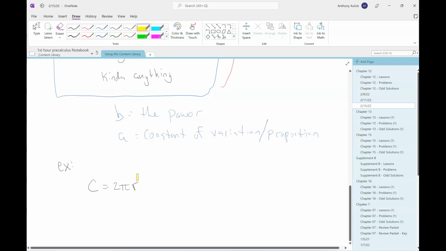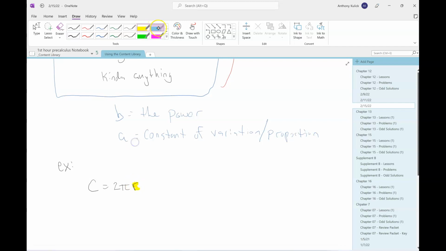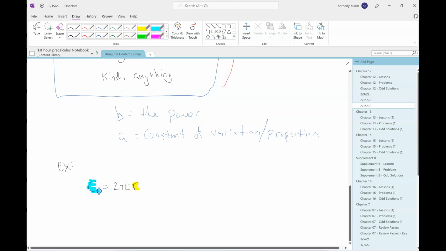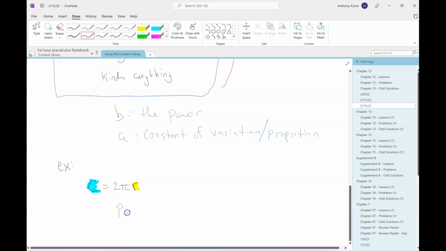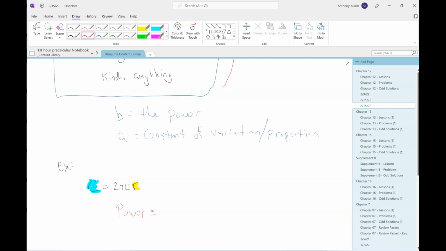So in this case, like my independent variable is R and my dependent variable is C. So what is the power if I think about this as a power function, what is the power for this equation?